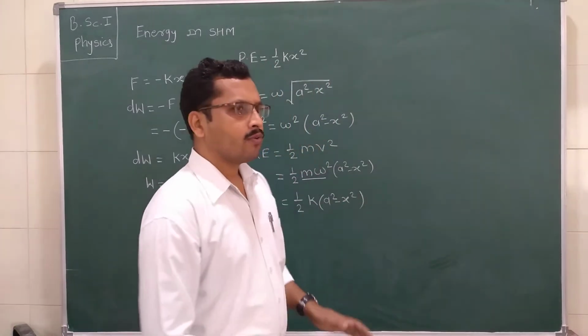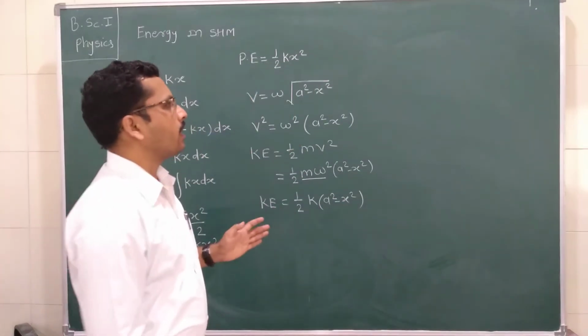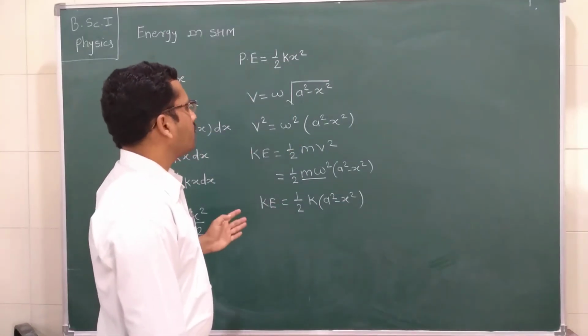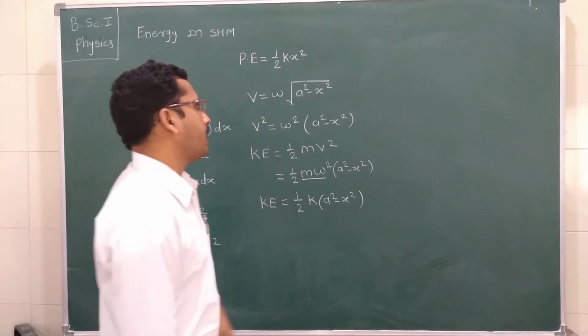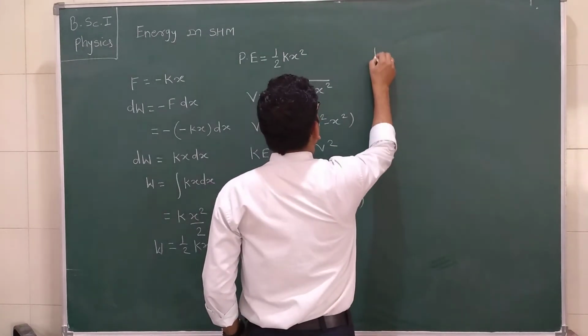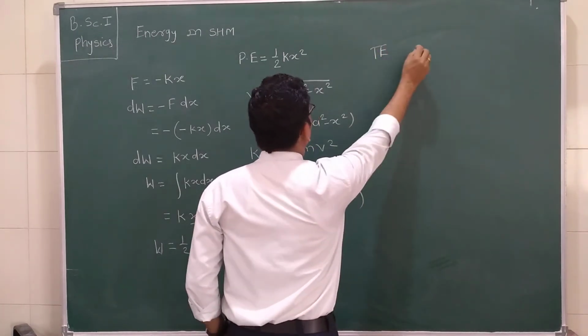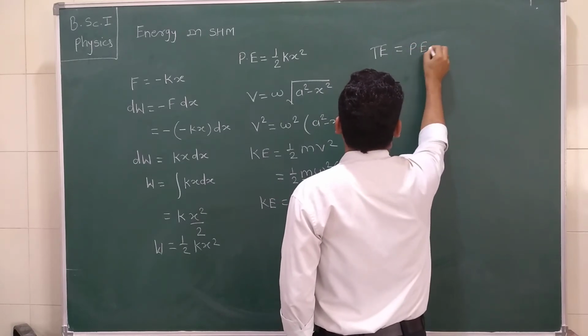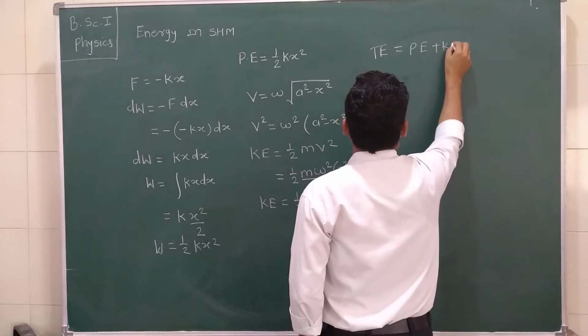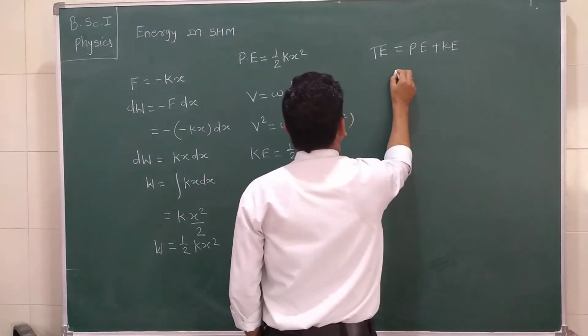Now we know that the total energy in a simple harmonic motion can be obtained by adding this potential energy and the kinetic energy. So what is the total energy of the simple harmonic motion? This total energy is nothing but potential energy plus the kinetic energy. Okay, so what is potential energy?